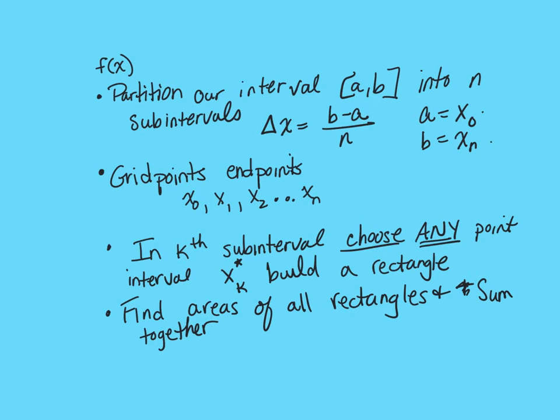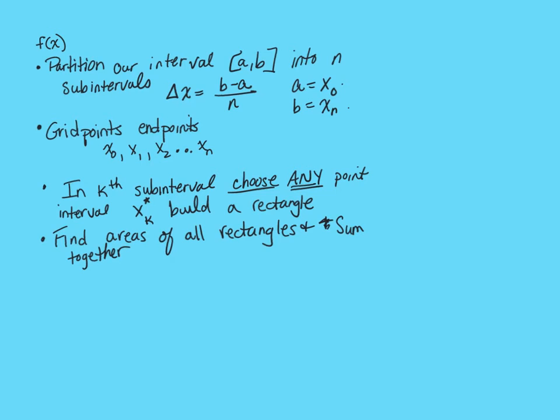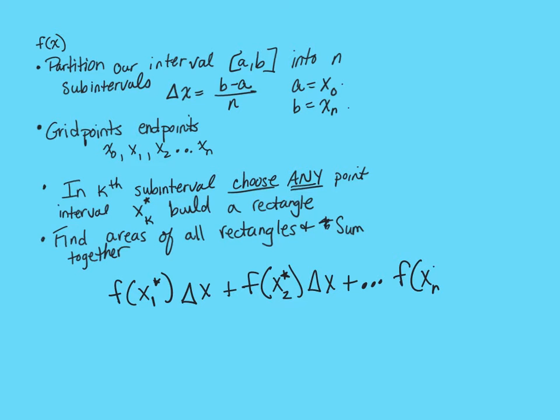Okay, what is that going to look like? That is going to look like f of x sub 1 star times delta x plus f of x sub 2 star delta x all the way up to f of x sub n star delta x.